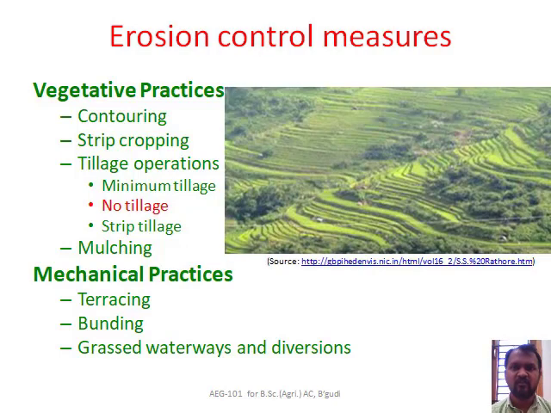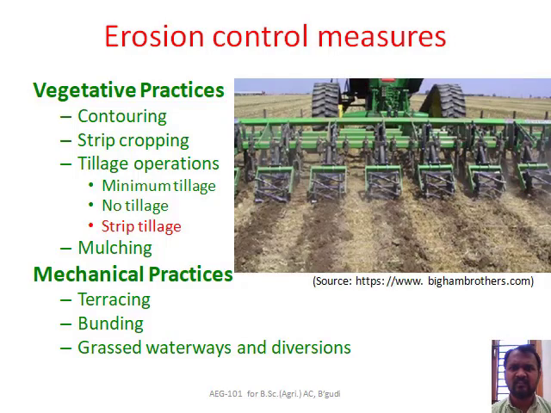Then no tillage. Here we are not using any kind of tillage practice. Without tillage, we just sow or throw the seeds and grow the crops. Then the next type of tillage, strip tillage, in which crops are grown in strips.